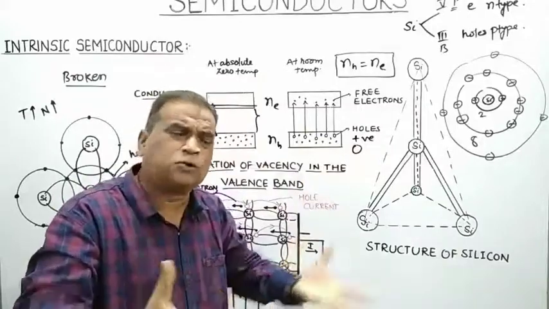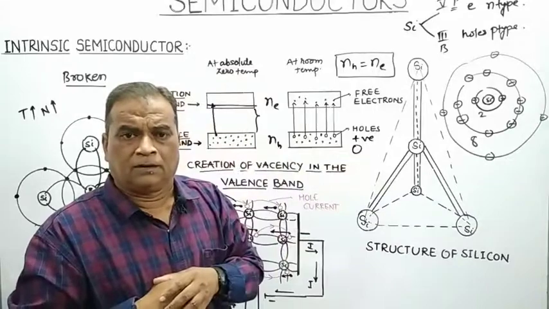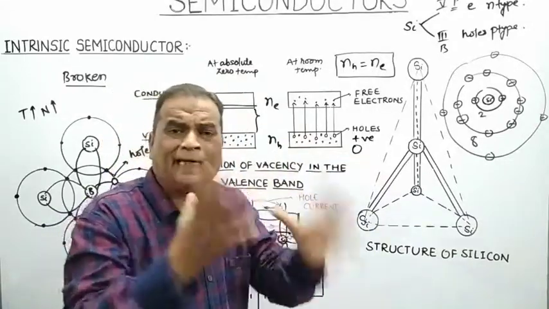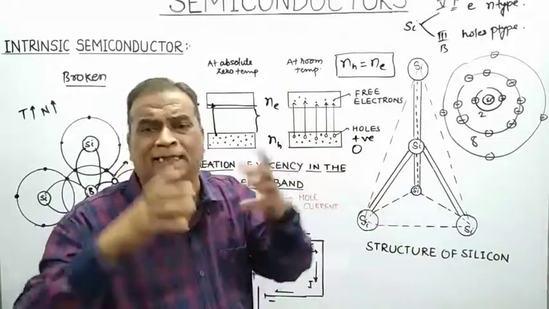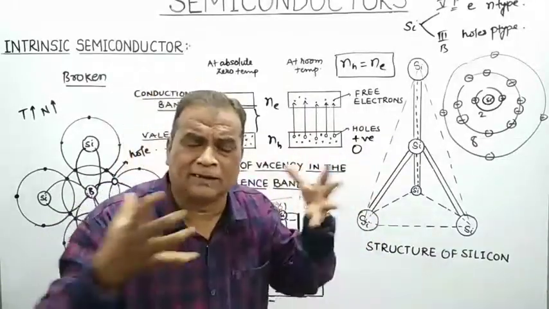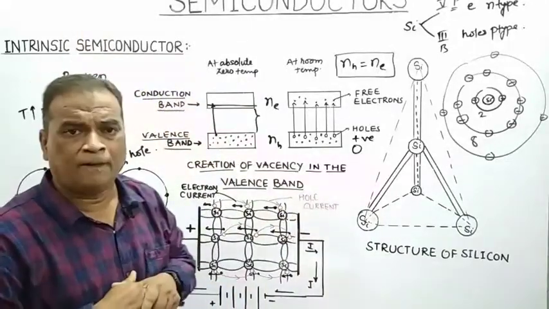The parent atoms to which impurity atoms are added, they are called as what? Host. The size and the electronic configuration of the dopant are selected in such a manner that it will not disturb the crystal structure of what? Intrinsic semiconductor.